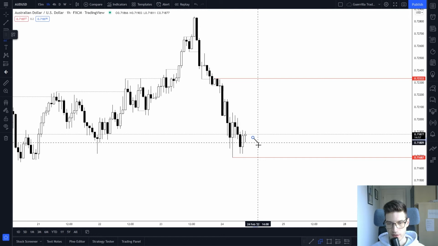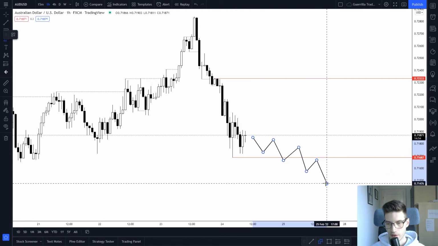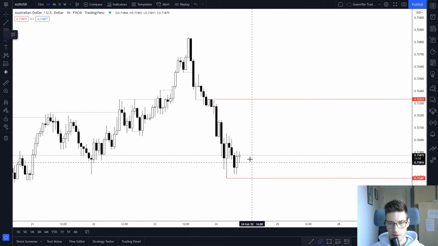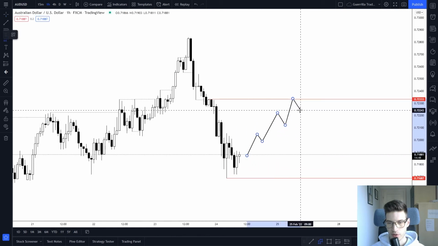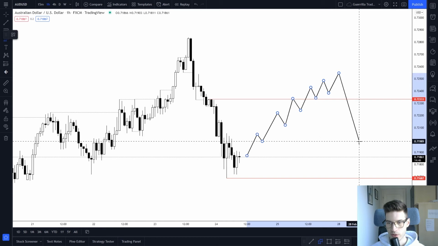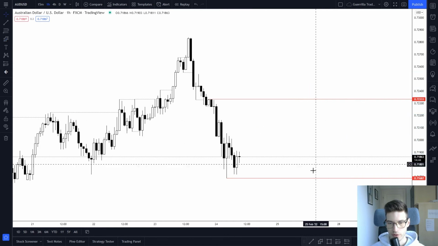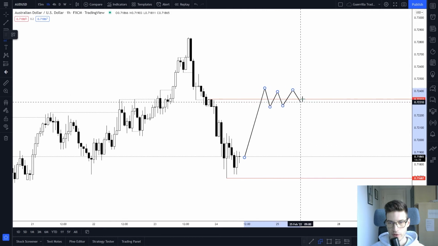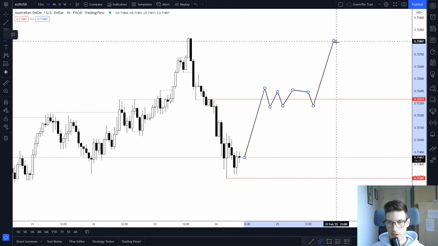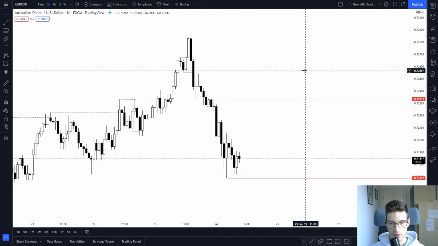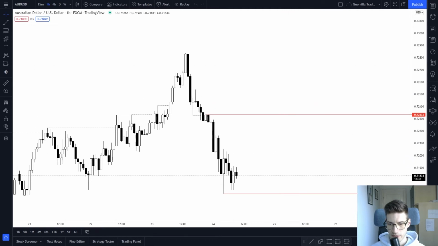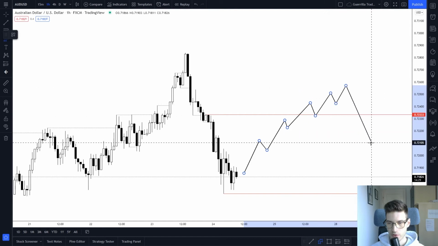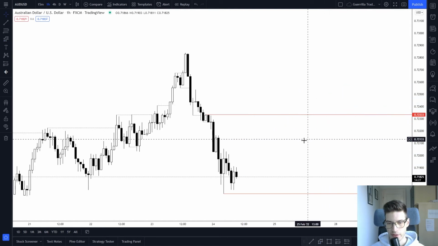Or I would like to see a descending structure, reversal up, look for a trade to the long side, or a nice ascending structure, reversal, look for a trade short. Maybe we get the V, a small range, look for an impulse up, then a trade to the long side, or we can get an ascending structure, reversal, look for a short trade.